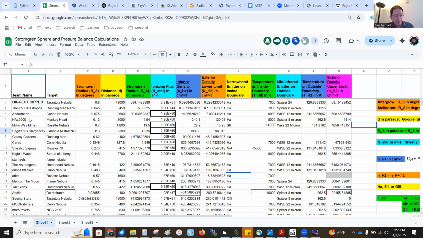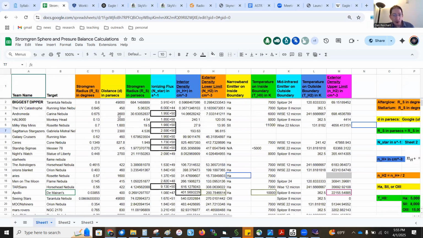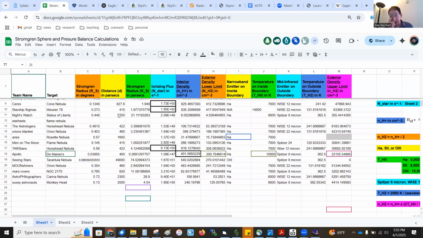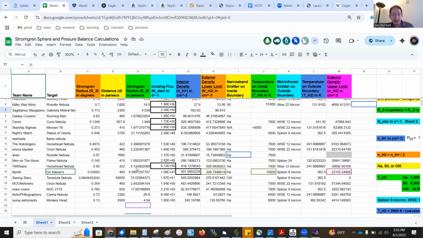So you can see my students, they did a whole bunch of star-forming regions. They're at all sorts of different distances. Some are fairly close. Some, like the Tarantula, very, very far away, out in the Large Magellanic Cloud, not even in our galaxy proper. And then they calculate the Stromgren radius. And these tend to be a few parsecs, though some can be bigger. You can have some that are tens of parsecs. And some can be small, like Demarin's object.